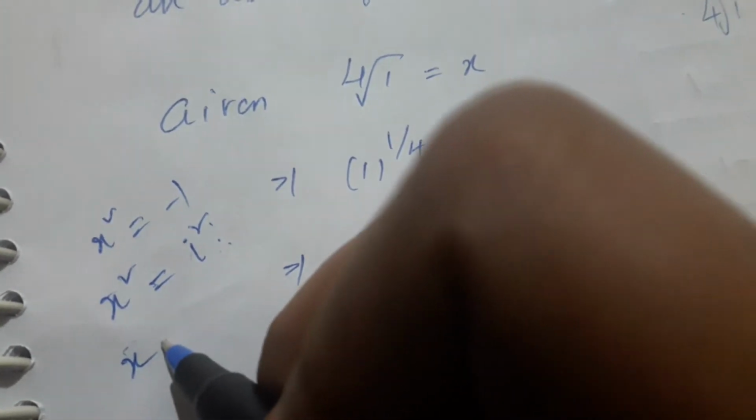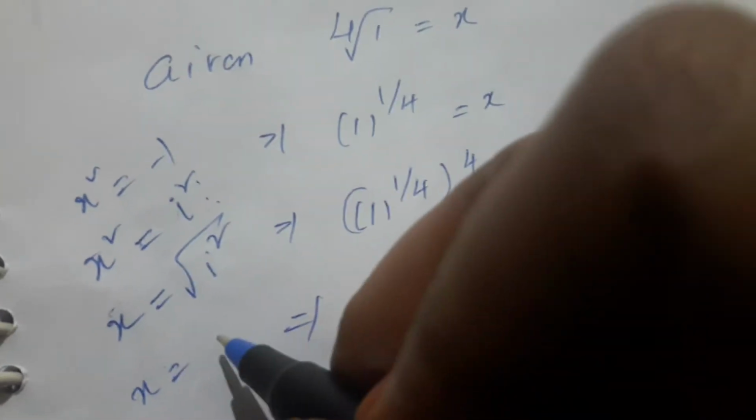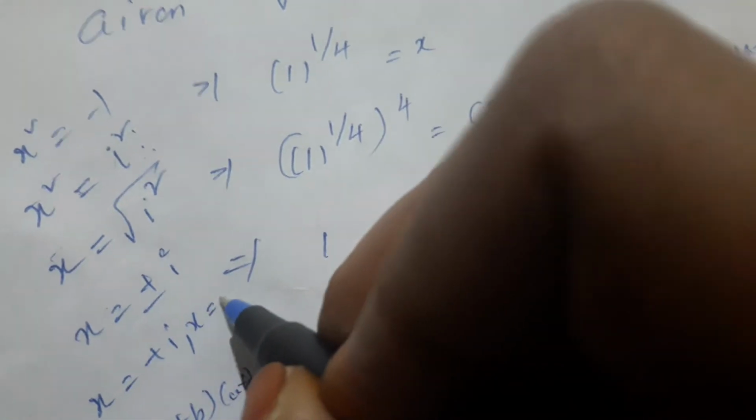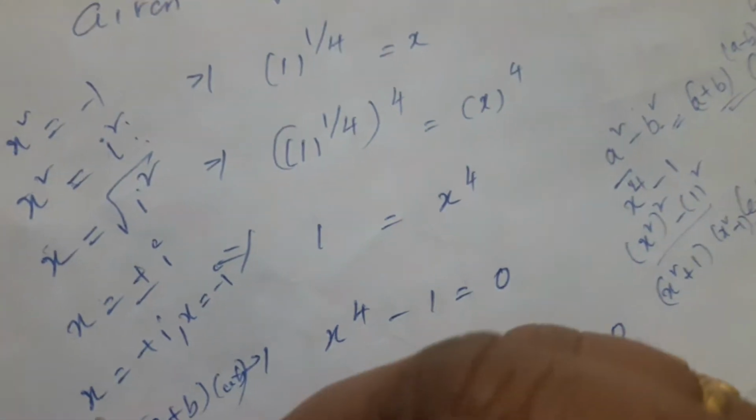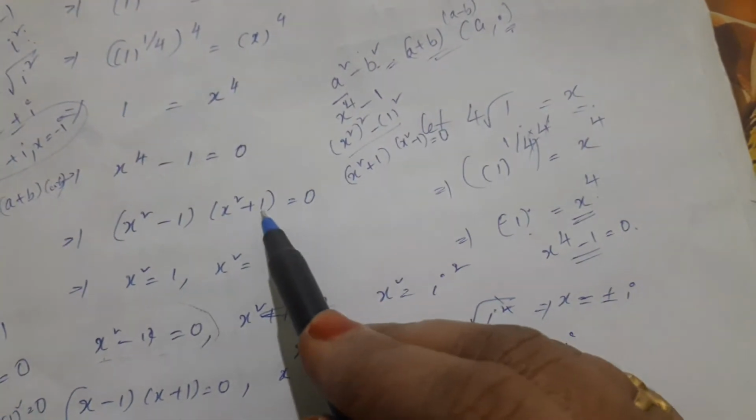Next, it can be written as x is equal to root of i square, so x is equal to plus or minus i. That is, x is equal to plus i and x is equal to minus i. Therefore x is equal to plus i and x is equal to minus i, for x square plus 1 is equal to 0.